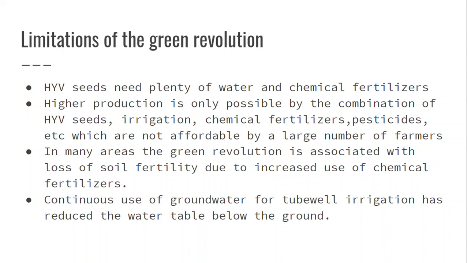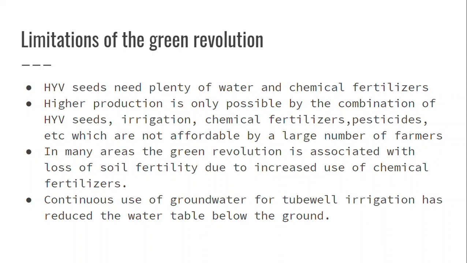And in many areas, the green revolution is associated with the loss of soil fertility due to increased use of chemical fertilizer. Also, continuous use of groundwater for tube well irrigation has reduced the water table below the ground.